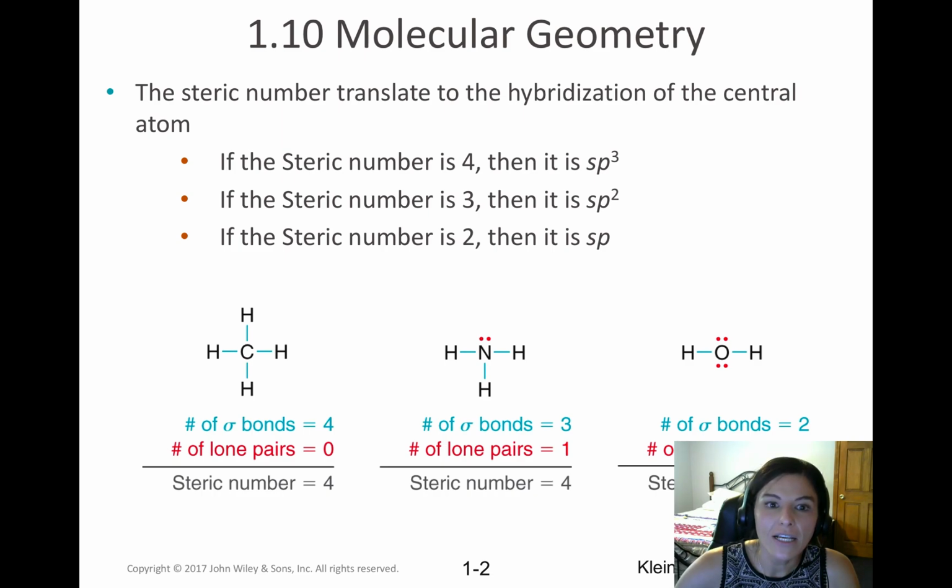If the steric number is 4, okay, then the atom is what we say sp3 hybridized. If the steric number is 3, the atom is sp2 hybridized. And if the steric number is 2, the atom is sp hybridized, okay?